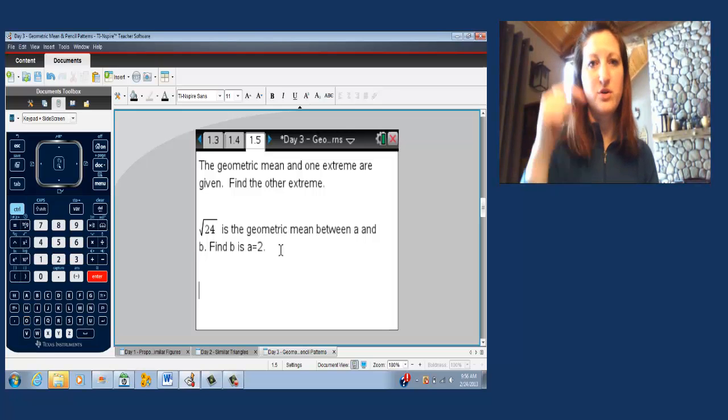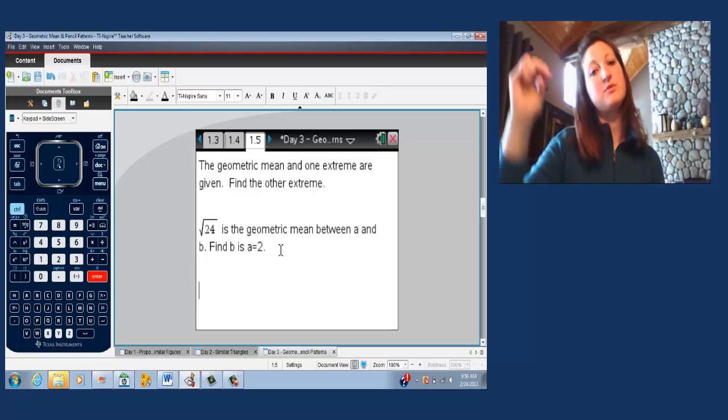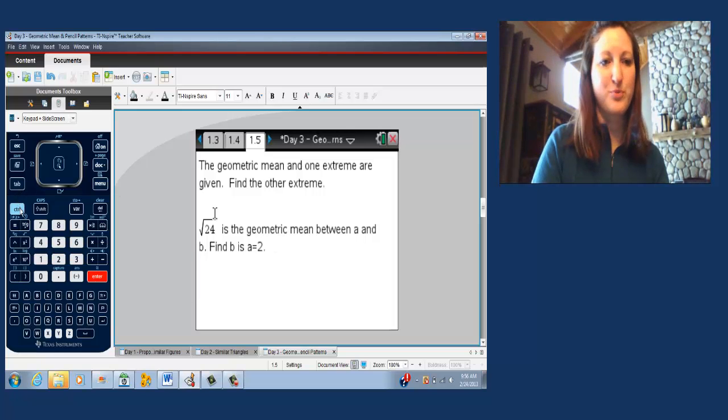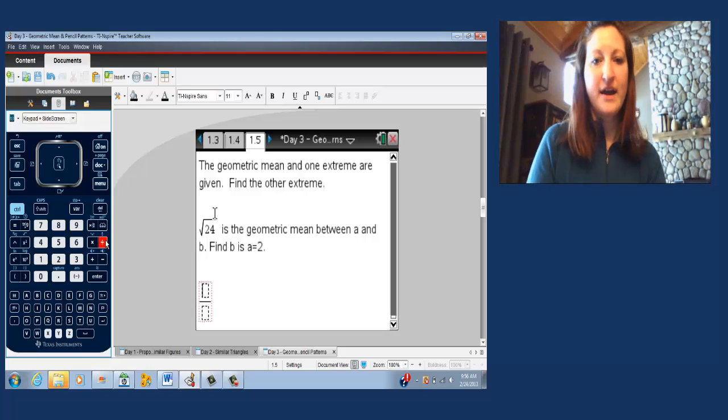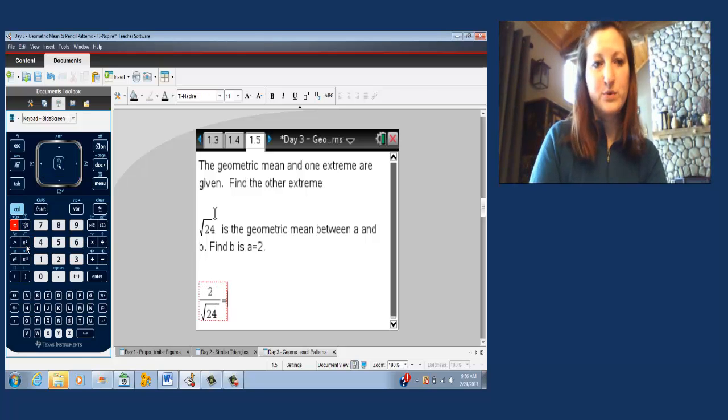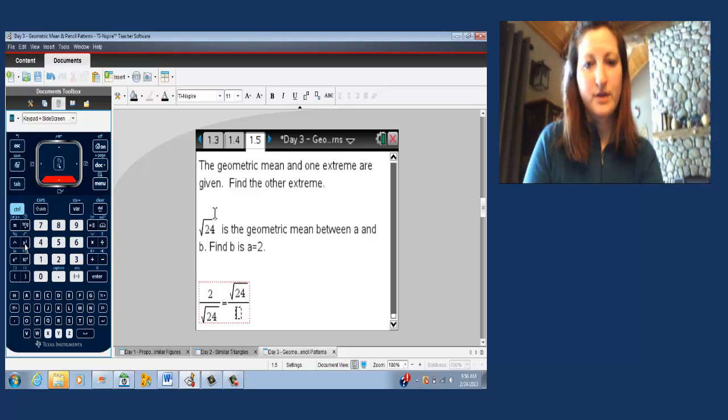So again, we know A over the geometric mean equals the geometric mean over B. So if I set this up as a proportion, I have A, which is 2, over my geometric mean, which is the square root of 24. And that's equal to my geometric mean, again, square root of 24, over B, which is what I'm trying to find.